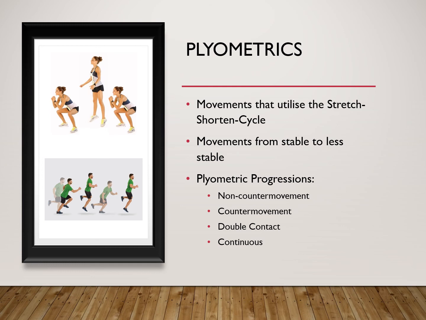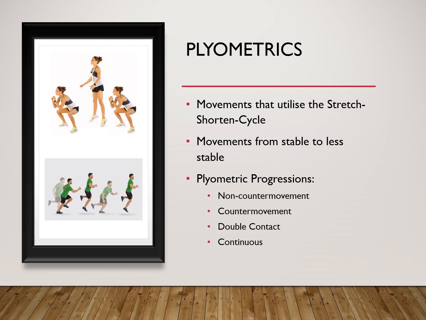And the key factor is that it utilizes the stretch shorten cycle, moving from an eccentric movement into a concentric movement. And that's a really great way of developing the capacities for both acceleration and speed. And we'll look at this a lot more in the third year.